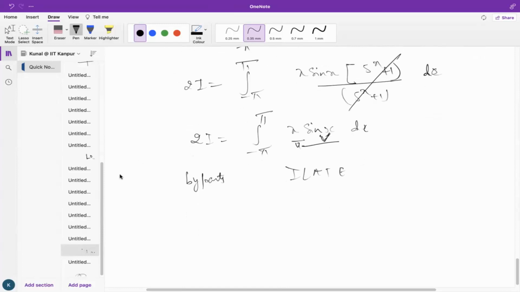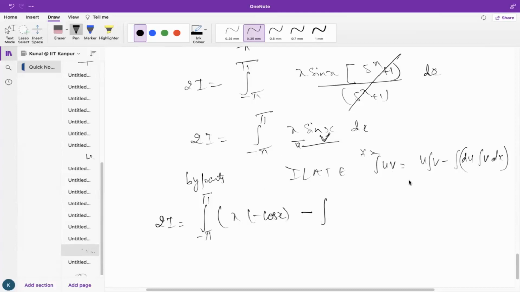Now 2I is equal to, by the by parts formula, uv minus integral of du v dx. This is for recall. So it will look like the integral from minus pi to pi; we take the 2 outside. And what is the integration of sin x? It will be minus cos x.